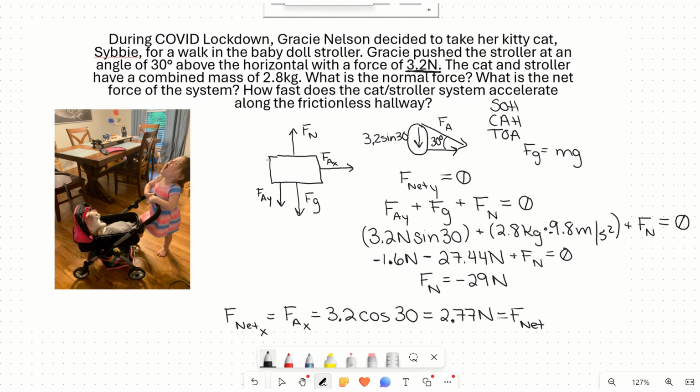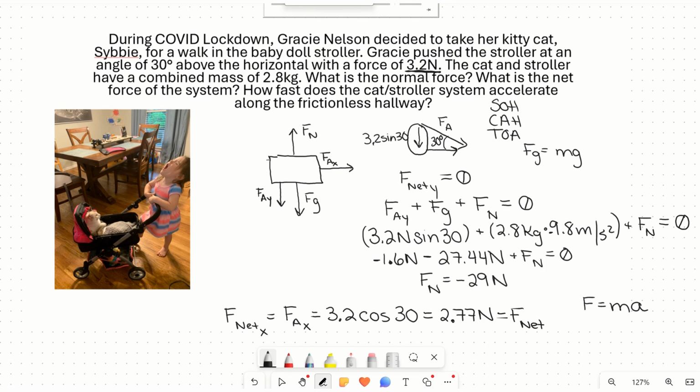Now, we need to figure out how fast the kitty stroller system accelerates down the hallway. Well, we've recently learned a new equation. Force equals mass times acceleration, right?